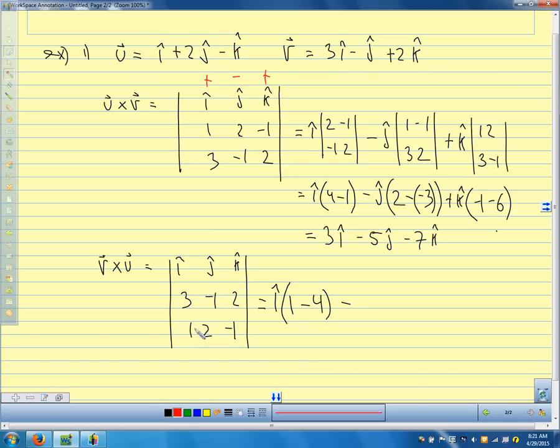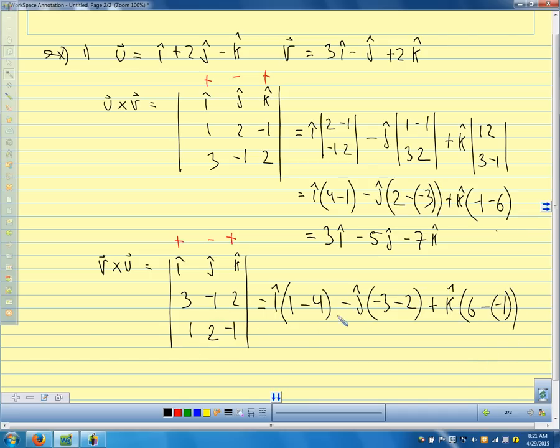And if it helps, you can do the plus minus plus up here. So remember that. Minus j hat. And then I'm going to cross that row and that column out. So my determinant is negative 3 minus 2, plus k hat times, I'm going to cross that row and that column out, 6 minus negative 1.